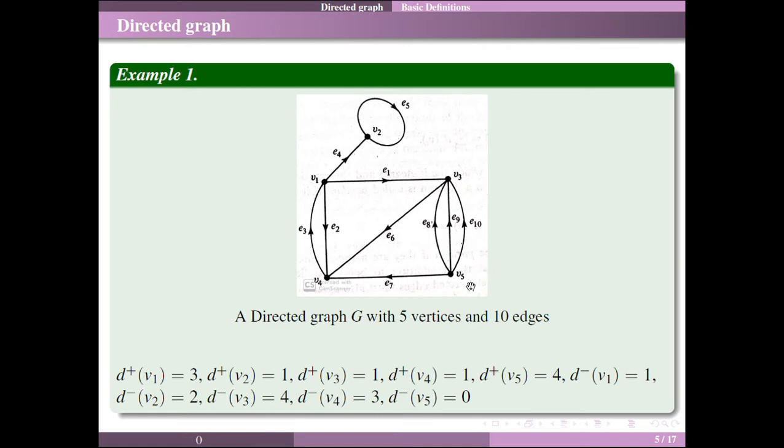Similarly, if we consider the vertex V5, in degree is 0 because there is no edge towards V5, whereas out degree of V5 is 4. That corresponds to the edges E7, E8, E9 and E10. So we have d plus of V5 equal to 4 and d minus of V5 equal to 0. Similarly, we have listed the in degree and out degree for all the vertices.